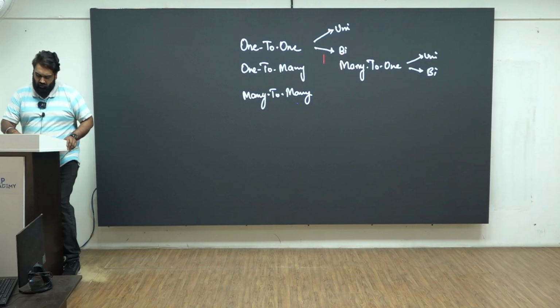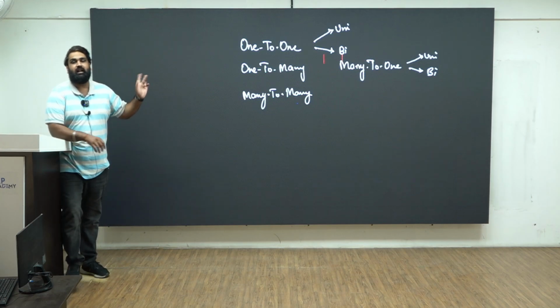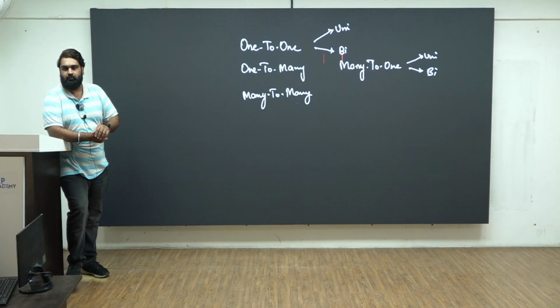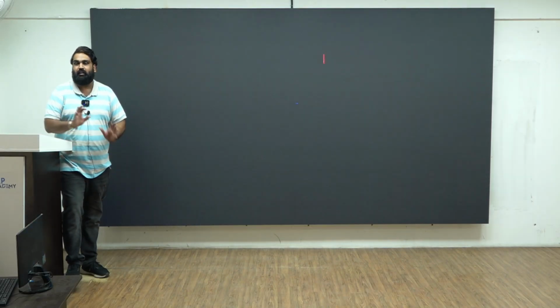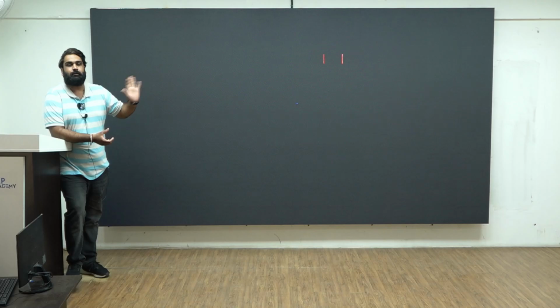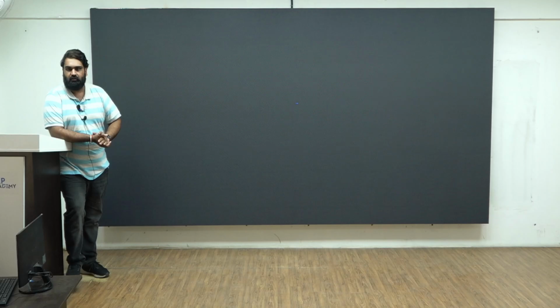Now, what I want to do is write a program for one-to-one bidirectional mapping. Before I write it, if I just have to tell you, for yesterday's program, if I add some 4 or 5 lines, I will be able to get one-to-one bidirectional mapping.